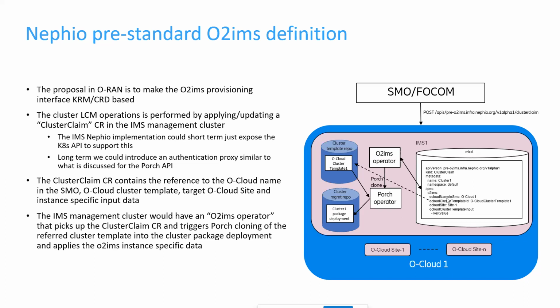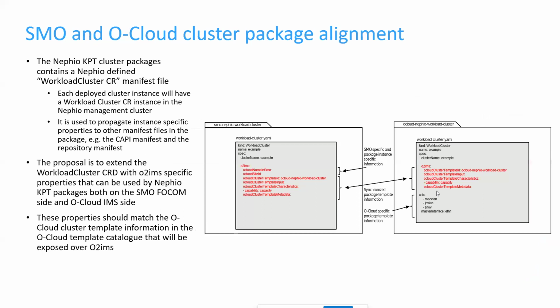If you compare, because here you said we could drop the prefix, this OCloud, basically, because I can understand that this is the IMS interface. So whatever you send on that CR is referring to entities in OCloud. What about the suggestions here in the workload cluster CR in order to carry this?